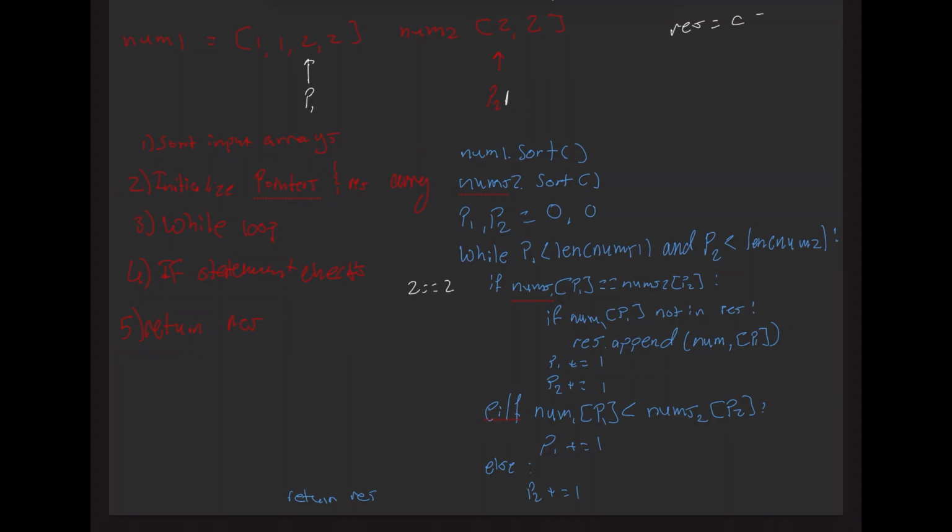So this unique checker condition is valid. Then we're going to tell it to append. So right now the result will look like this. And we're going to tell our P1 and P2 to increment because we have found our matches. Just go ahead and increment through the loop as long as we're in bound.